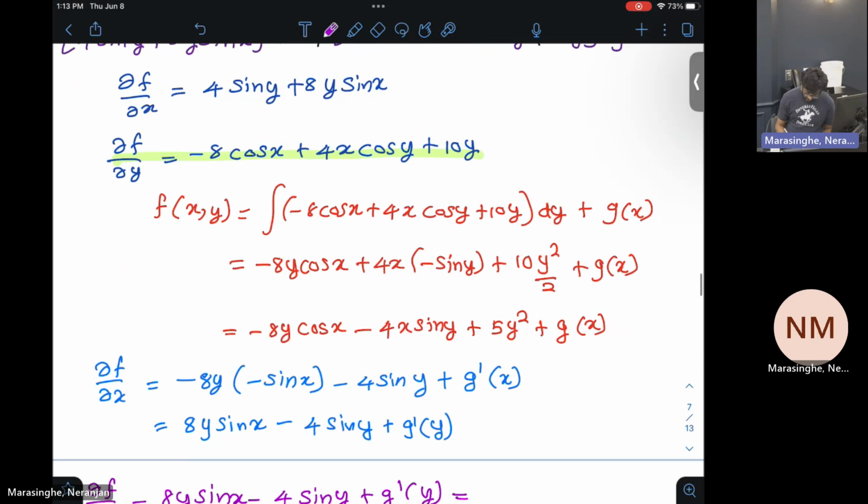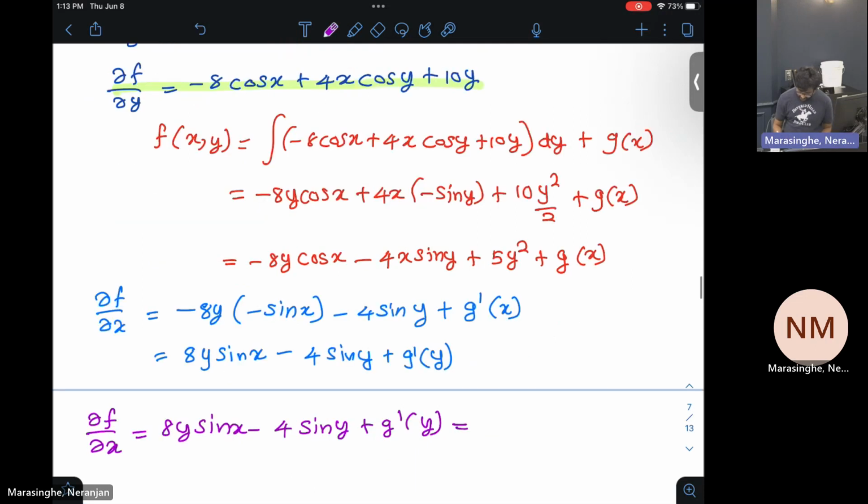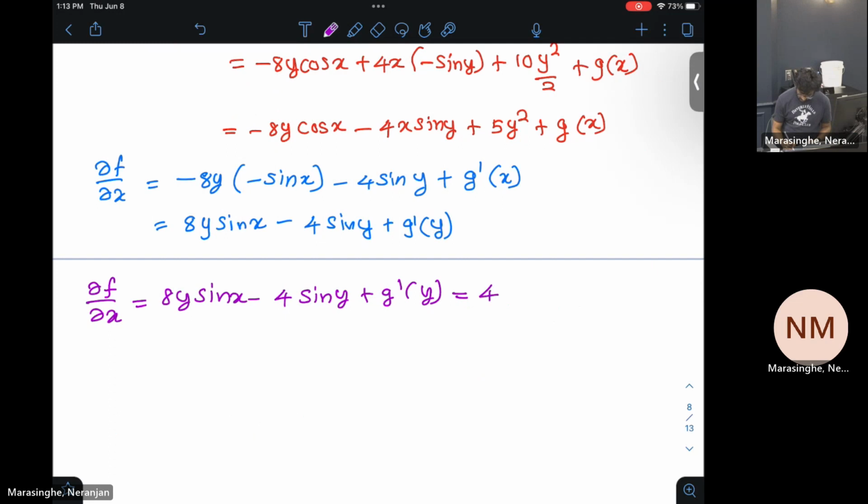On the other hand, that is equal to this, 4 times sine y plus 8y sine x. So what would happen to 8y sine x? That would be cancelled.